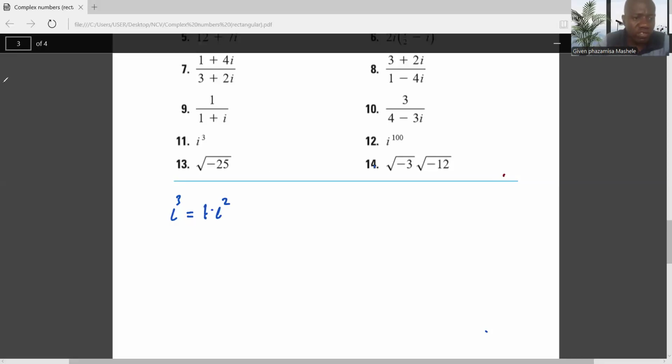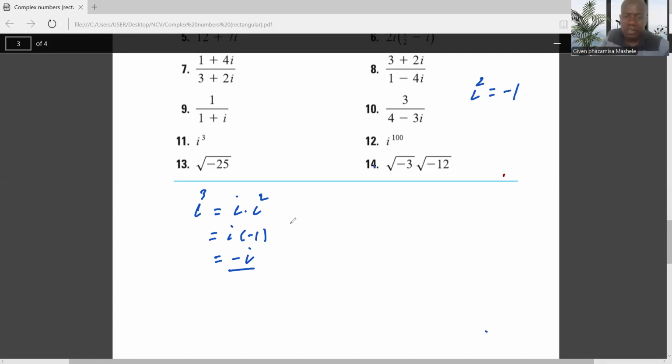And to do this, we know that i squared is equal to negative 1. So if you plug that in, this will be i multiplied by negative 1, which will just be negative i.